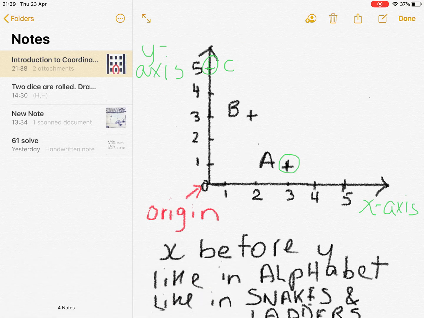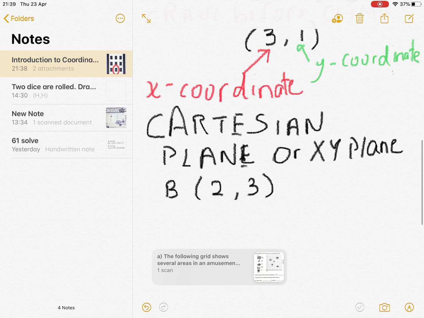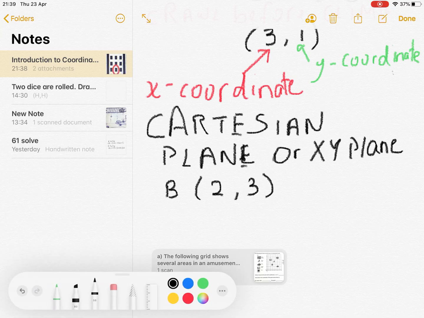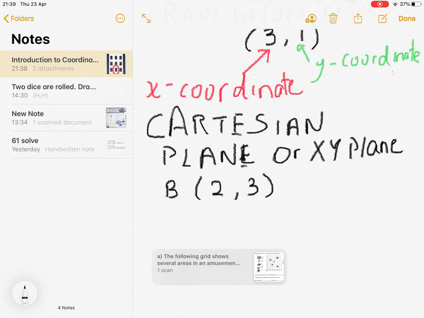So point C is at 0, 5. 0 is the x-coordinate, 5 is the y-coordinate. 0 refers to the horizontal movement because we did not move horizontally at all.